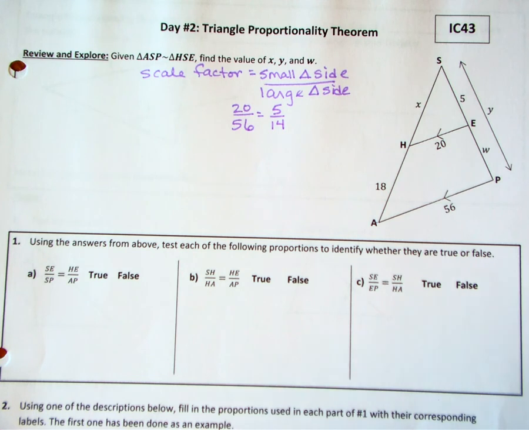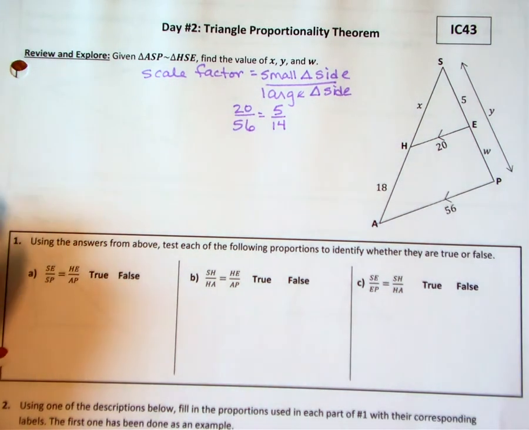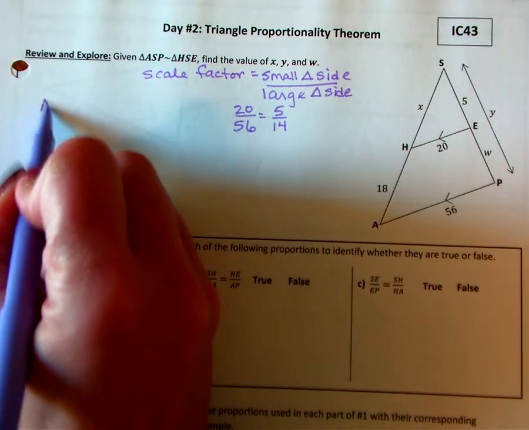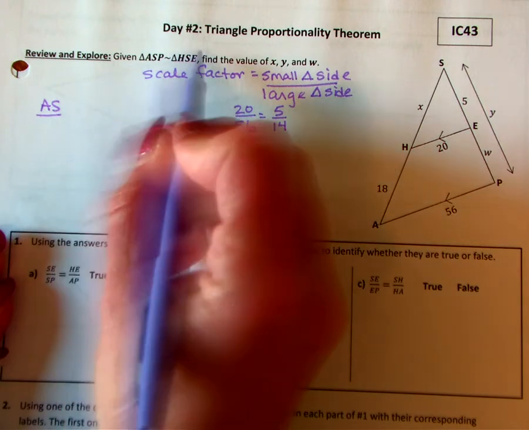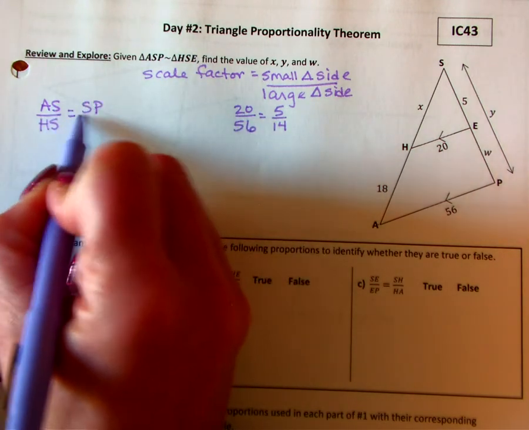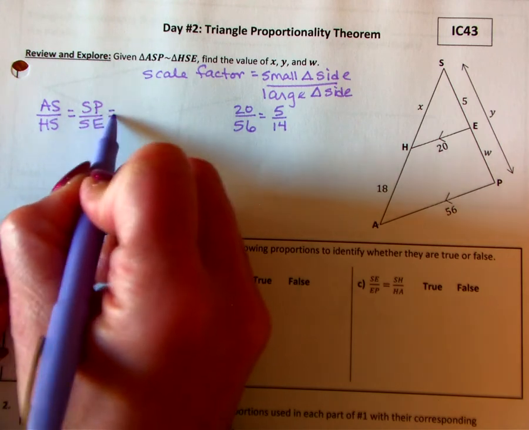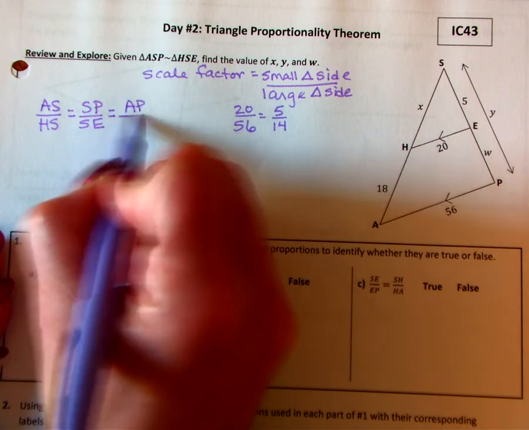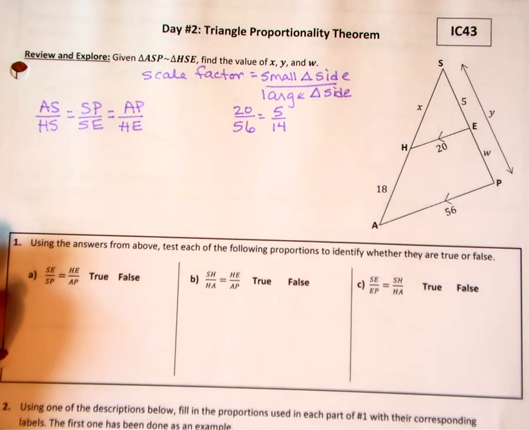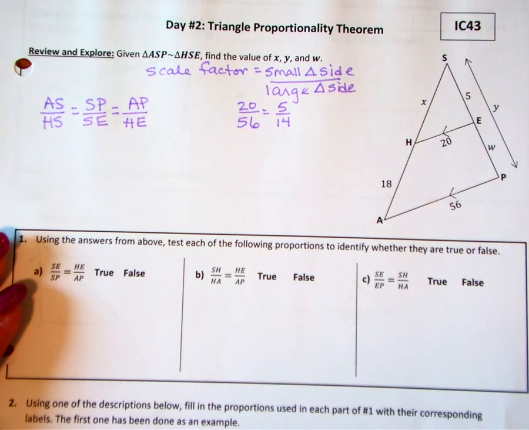So we can use that to continue solving as we did earlier. Honestly, you guys can continue to write your similar statements. So AS over HS is equal to SP over SE, and then AP over HE. Those are your proportions you'll use, right?